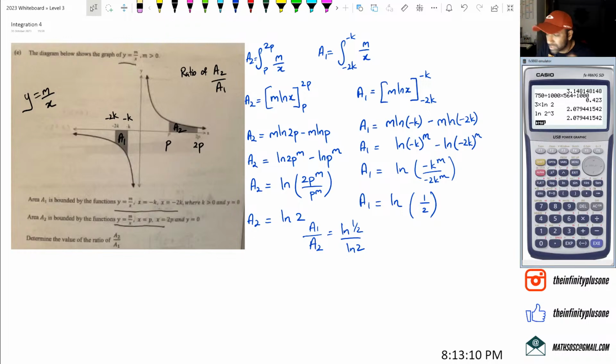Okay, give me 1 second. I just want to check something here. I know this just doesn't feel right. ln of negative 2k. They've actually got ln of half m. Where did they get that?